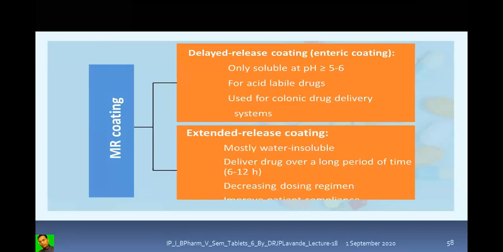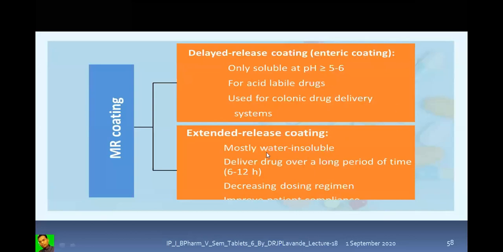This is suitable for drugs which are acid labile, sensitive to acids. The drug can be protected by giving enteric coatings, and these are used for delivery into the colonic system, so they are used for colonic drug delivery.